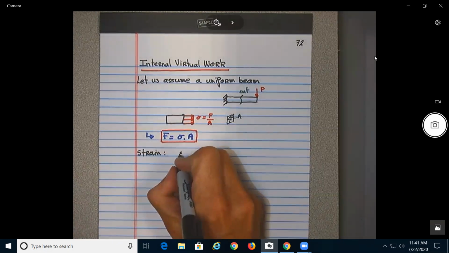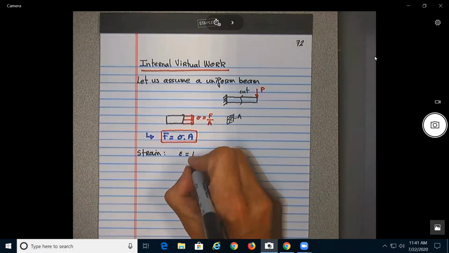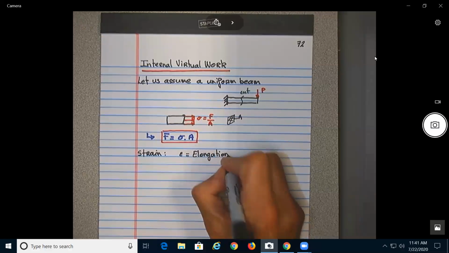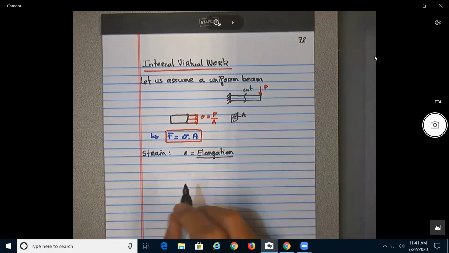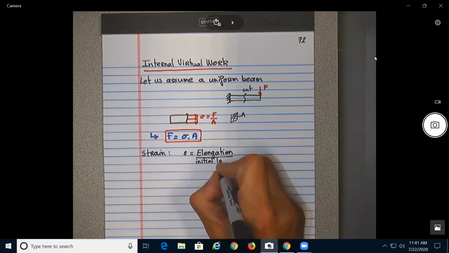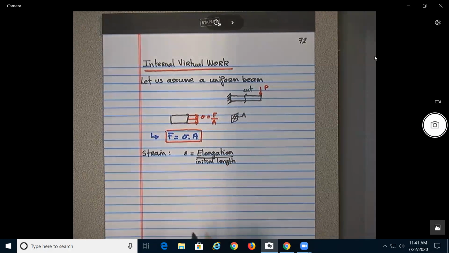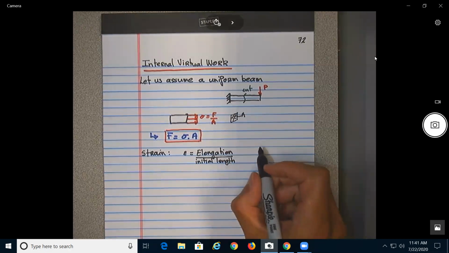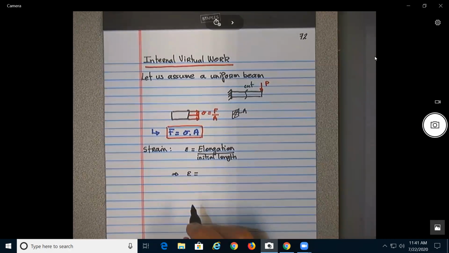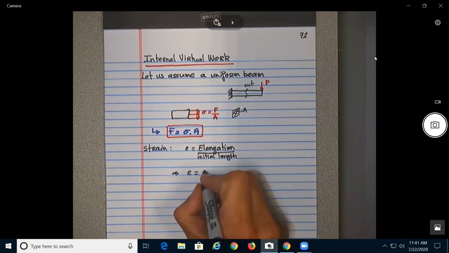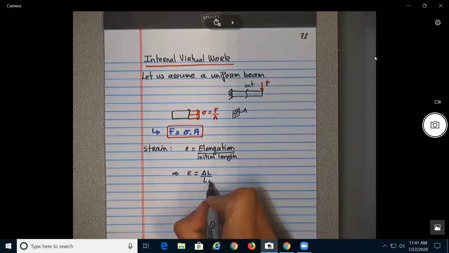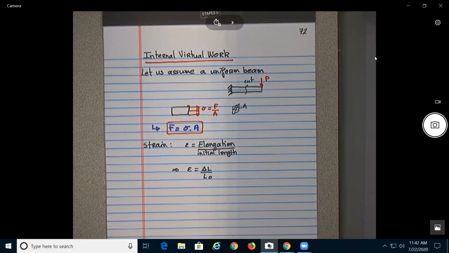The definition of the strain is the elongation divided by the initial length, or in mathematics, how much it is going to elongate divided by the initial length.